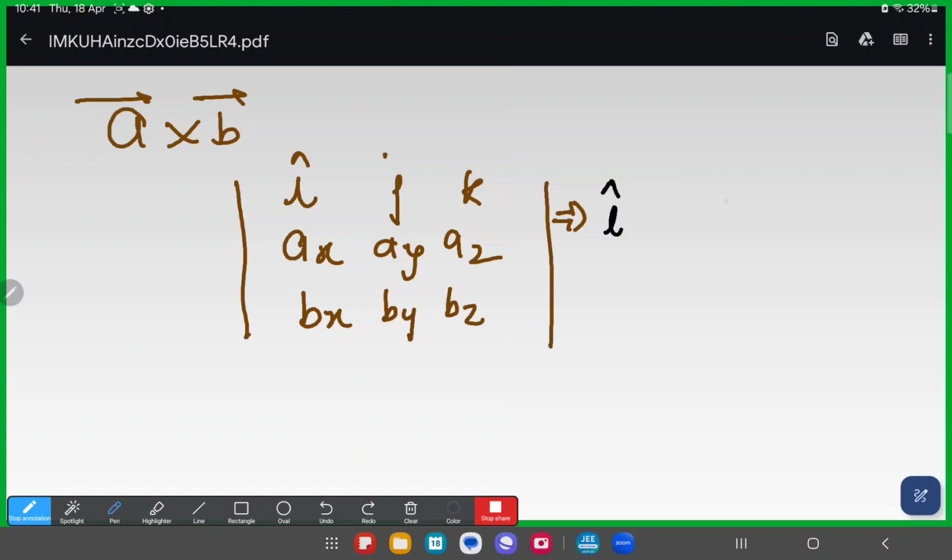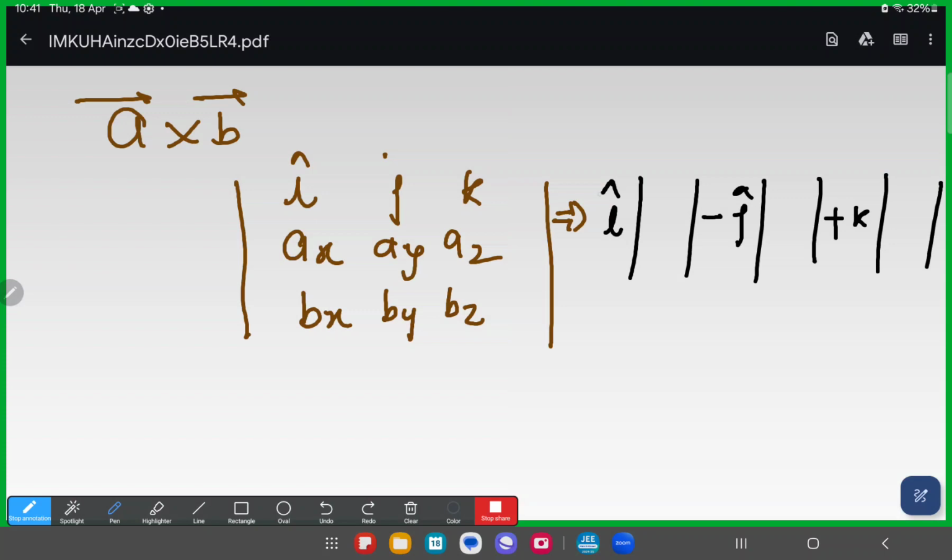Here I minus J and K, keeping it in this way, and here we put the values. For I, we have to hide its row and column, and in between AY, AZ, BY, BZ.